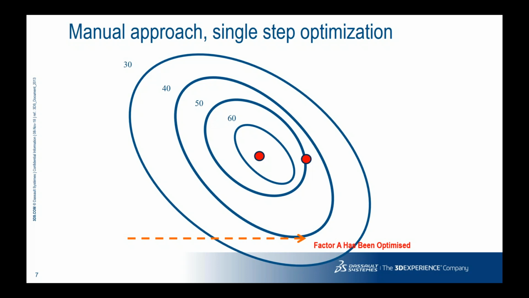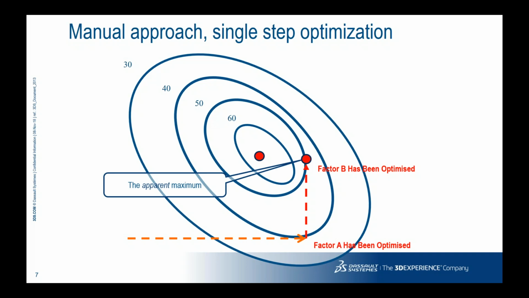The risk is to optimize only one step at a time, optimizing just one factor each time, and this can lead you to an apparent optimum. So the risk is to go near, but not so near, to the real maximum or minimum, the real optimized model or product.